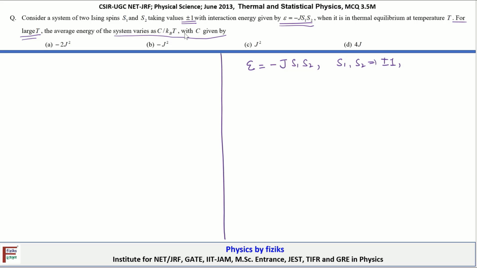When the spin is aligned in the upward direction, we take this as plus 1, and if it is aligned in the downward direction, we take this as minus 1. Now let's work out the various configurations for these two spins. I'm going to draw a table here: S1, S2, and the corresponding interaction energy E equal to minus J multiplied by S1 S2.